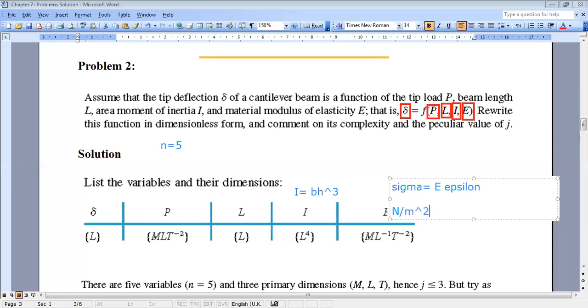And E, I want to find the dimension of E. Epsilon is delta L over L by definition, so it's length over length. No unit for epsilon. Okay. So what can I say? I can say that the unit of E.